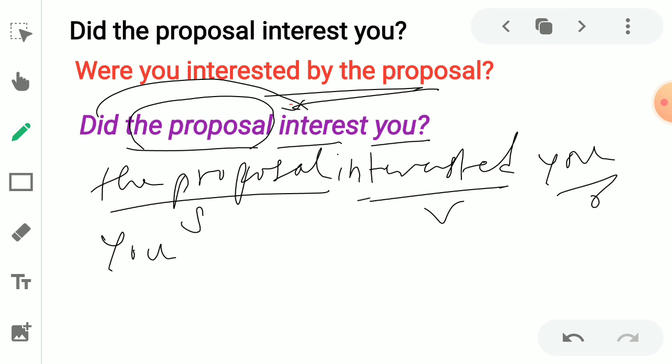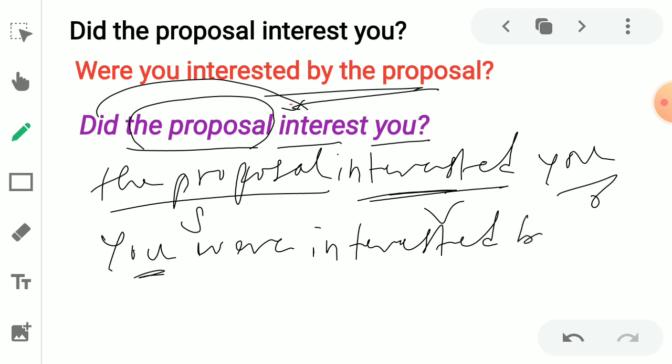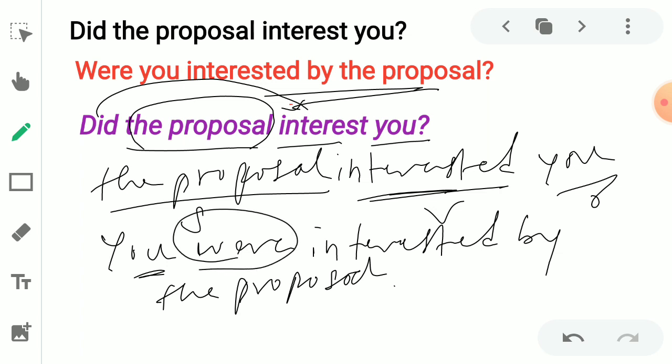Because of the tense form, interested, it's given in simple past tense, so you were, and here you is second person, so were, you were interested by the proposal. Put a full stop.